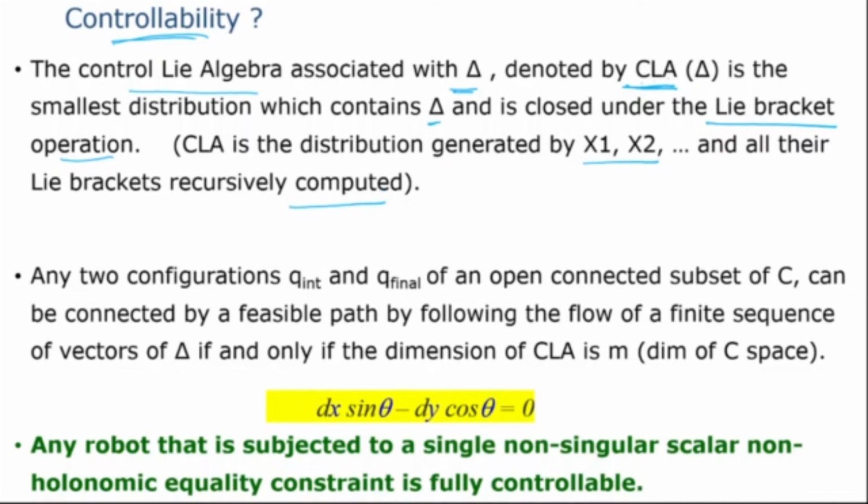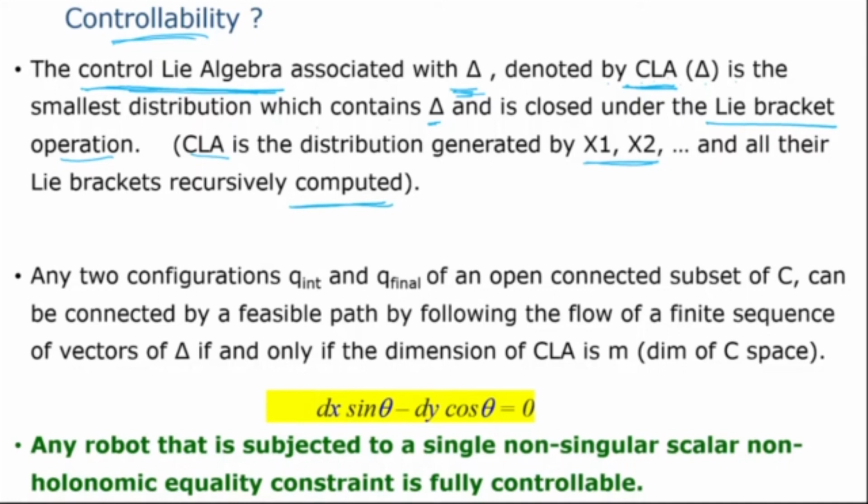Okay. So we are seeing this new term, control Lie algebra associated with delta, denoted by CLA. It is the smallest distribution which contains delta and is closed under the Lie bracket operation. CLA is the distribution generated by x1, x2 and all their Lie brackets recursively computed.